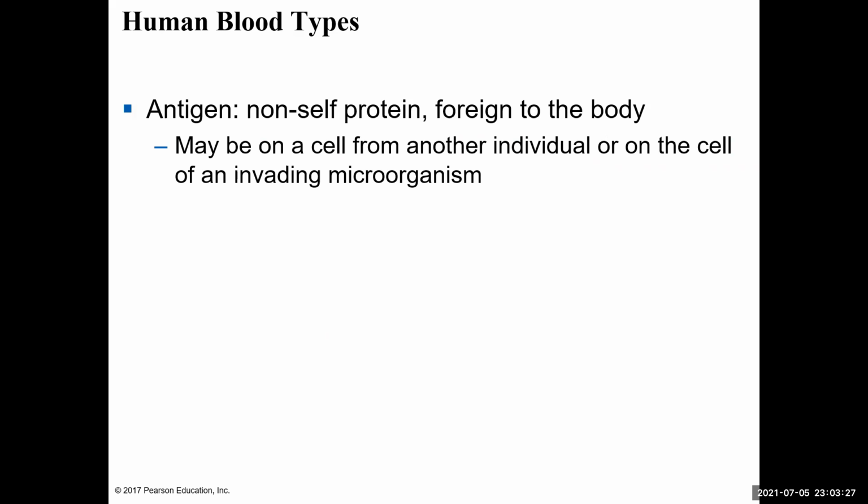Now, with blood types, our bodies will make antibodies based off of the antigens that are present on the blood. Okay? So the antigen is basically a non-self protein that is foreign to the body. Okay? So an antigen can be on a cell, say from another individual or from a bacteria or a virus that's invading. And that protein will be read by an antibody.